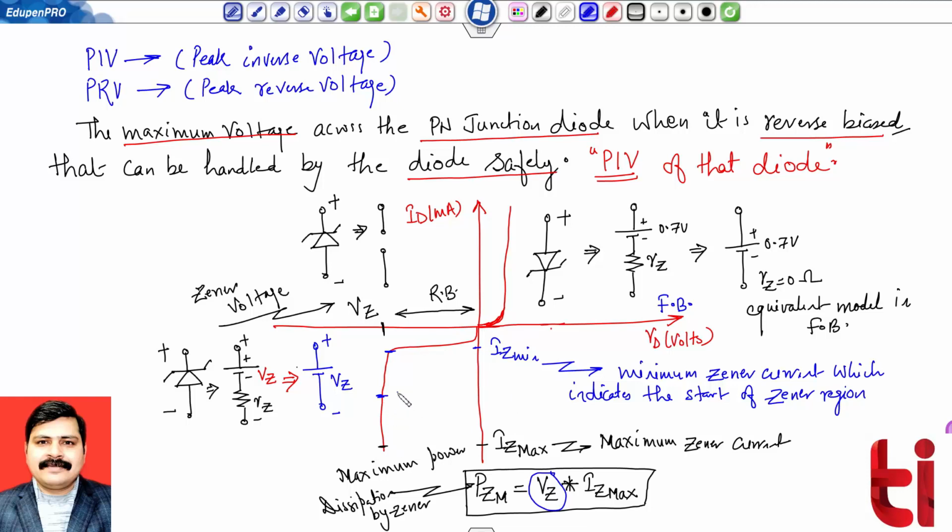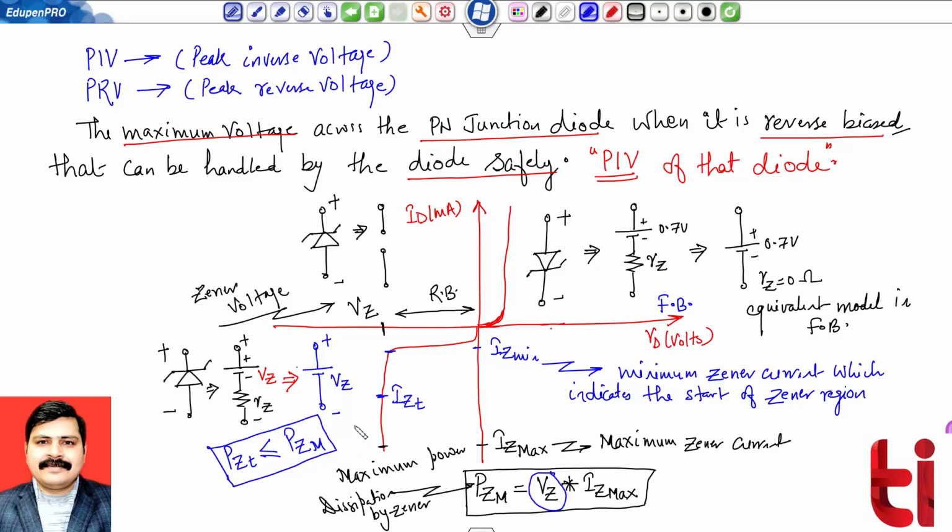Suppose this is the value of IZT. This is my testing Z current, and corresponding to this testing Z current, suppose I am having a power PZT. So my PZT should always be less than or equals to PZM. This we have to ensure for the proper functioning of a Zener diode.